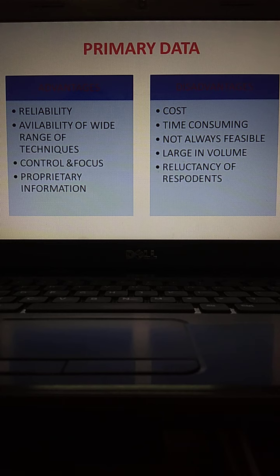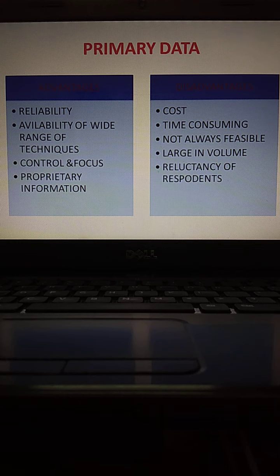As far as the disadvantages are concerned, the first considerable thing is cost. For collecting the primary data, you need to depute highly skillful persons. Besides that, sometimes you need to apply more sophisticated techniques. Because of this, the primary data collection expenditure will increase.